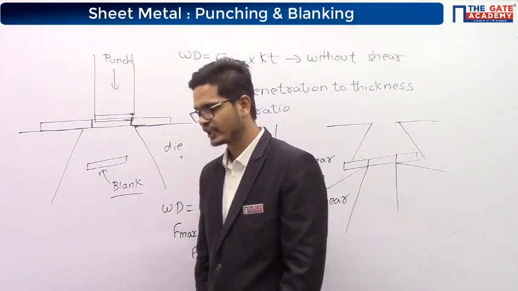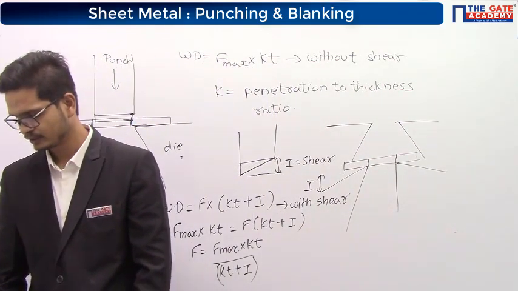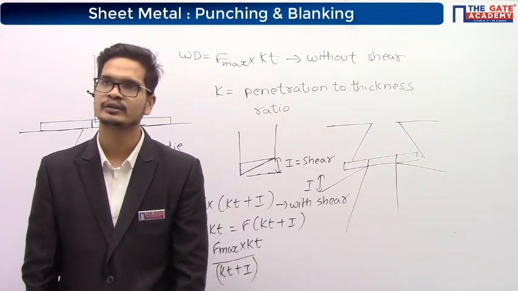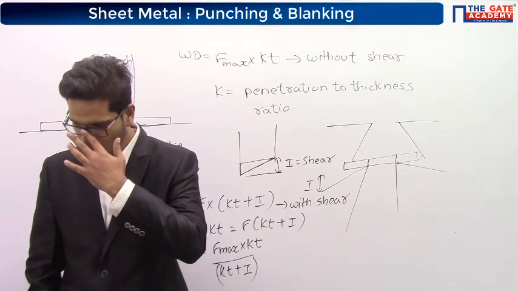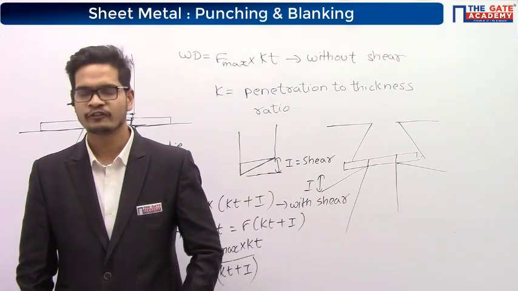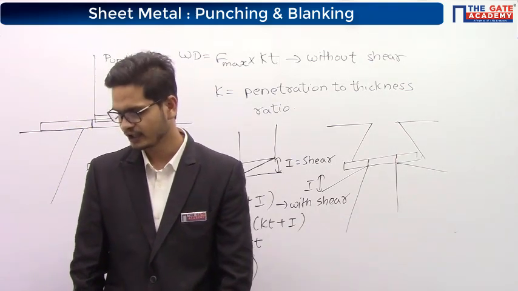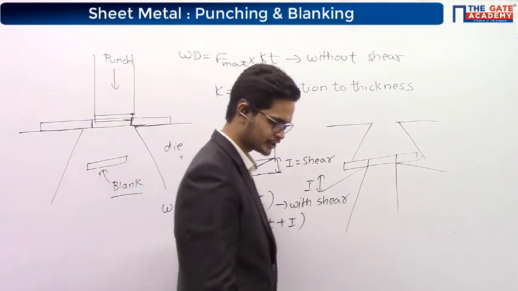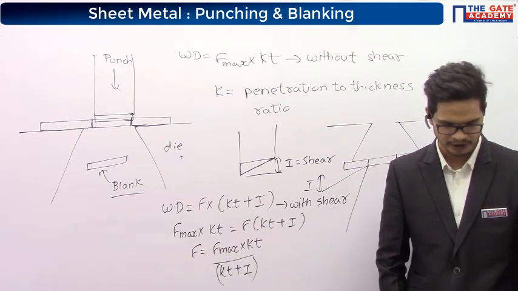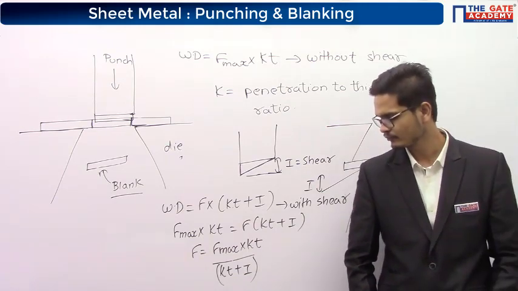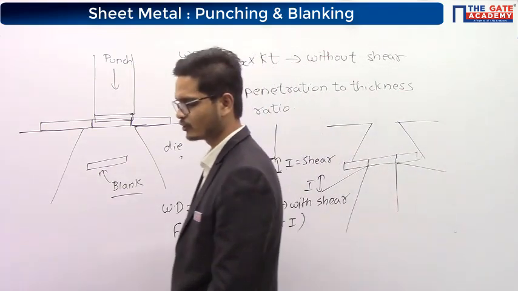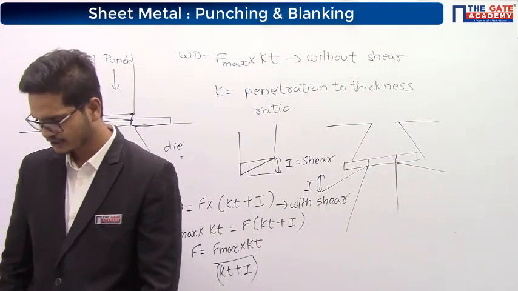What is the percentage reduction in load if a shear of 1 mm is provided on the punch?